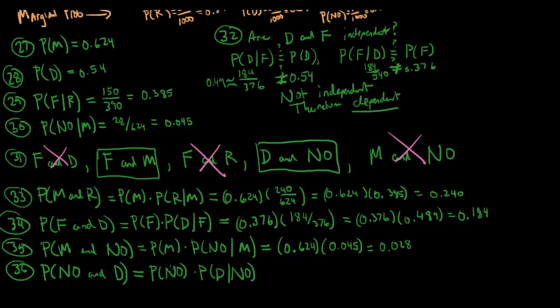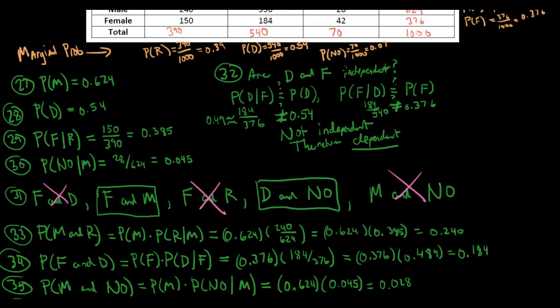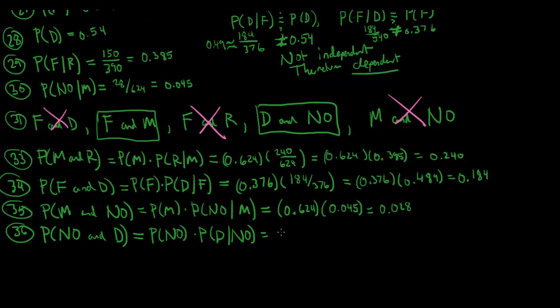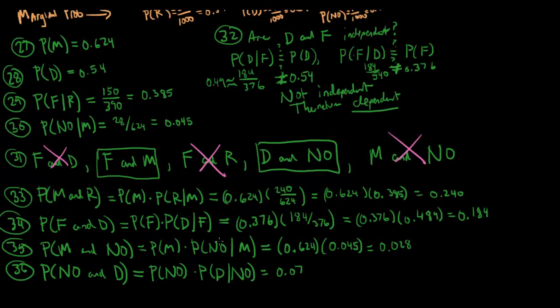What's the probability of no opinion? That's a marginal probability. That's 0.07 right there. Now, what's the probability of Democrat given no opinion? This says, assuming that somebody has no opinion, what's the probability that they're a Democrat?